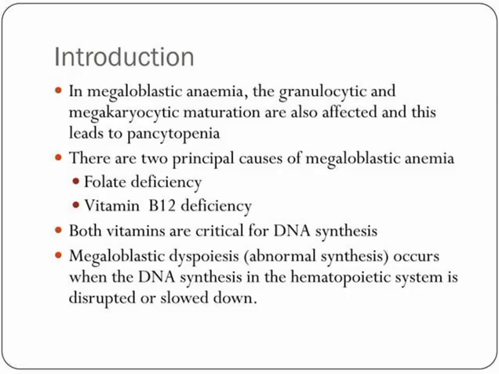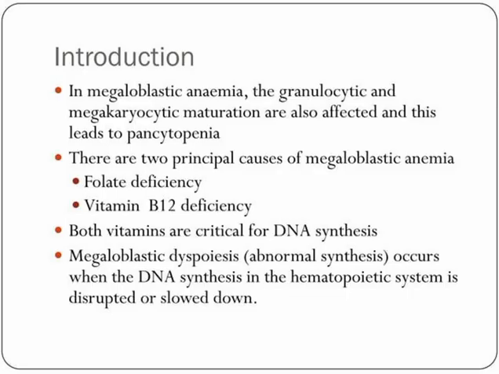Granulocytes are white blood cells, and megakaryocytes are cells that produce platelets. So the widespread failure leads to pancytopenia, the shortage of all three blood cell types.